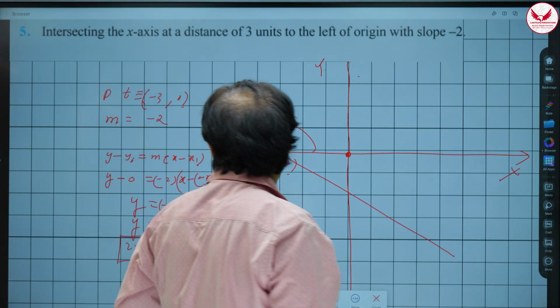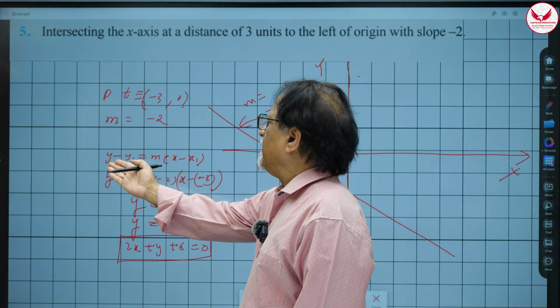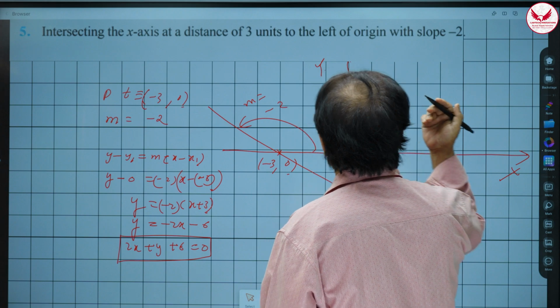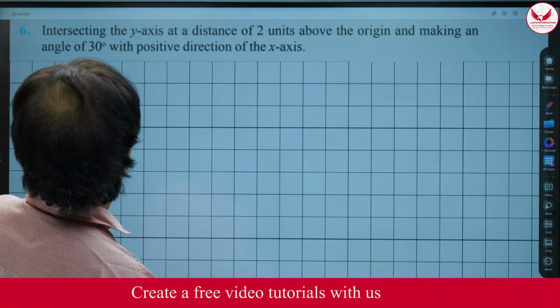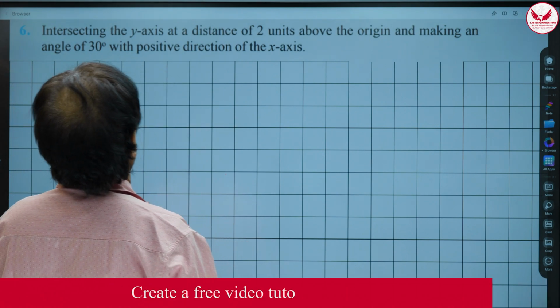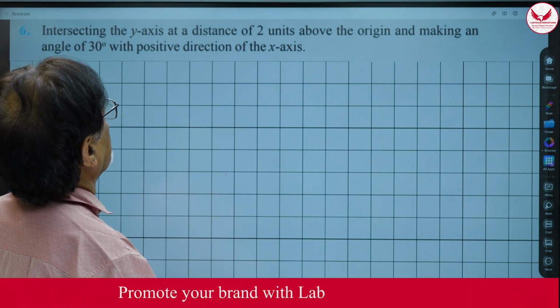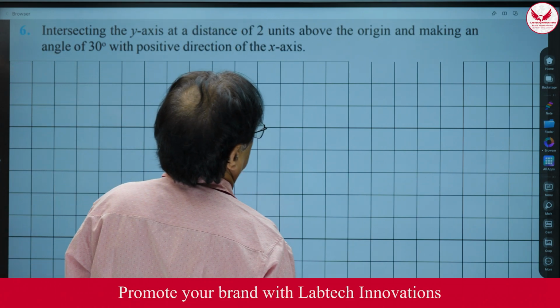Fine. So you understand 2x plus y plus 6, all the time we are using the same formula, y minus y1 is equal to m into x minus x1. You can understand the importance of this problem. Okay. Now students, have a look at another problem, number 6. Intersecting the y-axis at a distance 2 units above the origin and making an angle of 30 degrees with the positive direction of the x-axis.